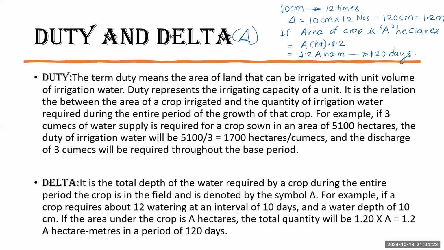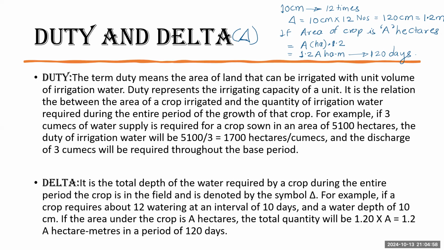It is the relation between the area of crop irrigated and the quantity of irrigation water required during the entire period of growth of that crop. Consider one example. If 3 cumecs of water is supplied for a crop sown in an area of 5,100 hectares, the duty of irrigation water will be 5,100 divided by 3, that is 1,700 hectares per cumec.